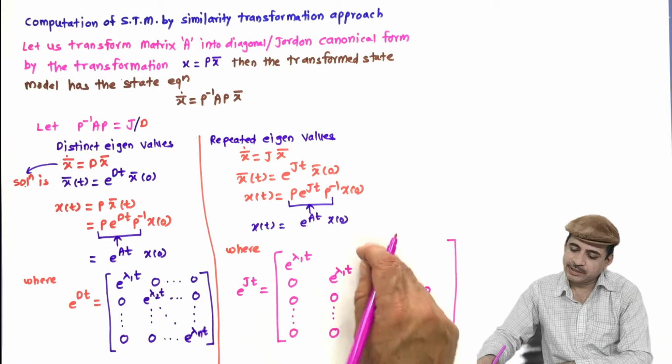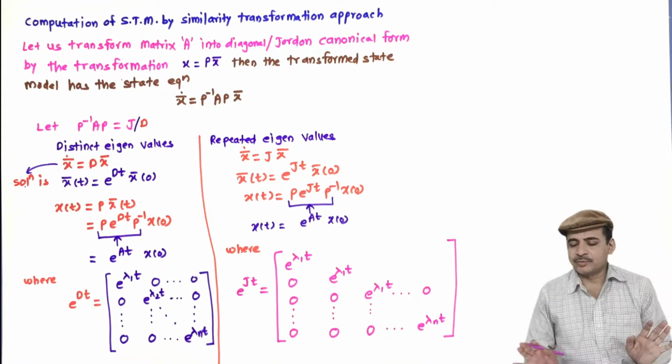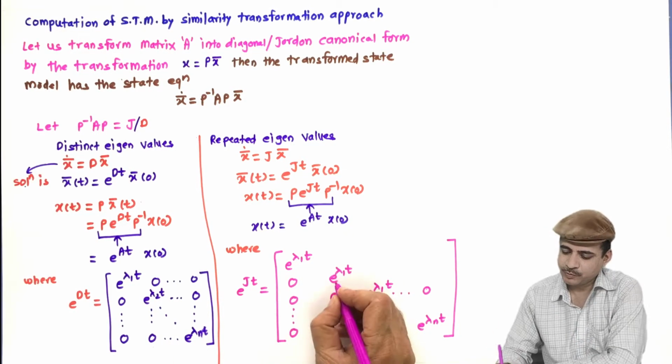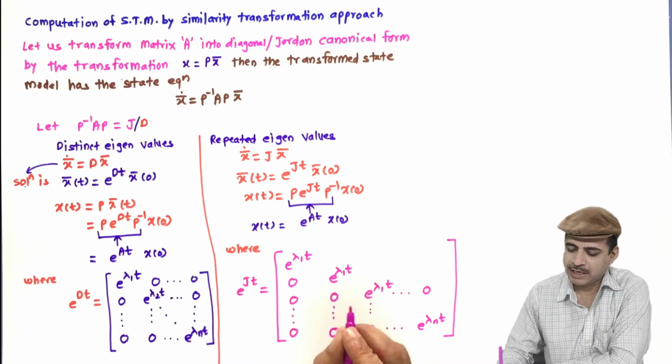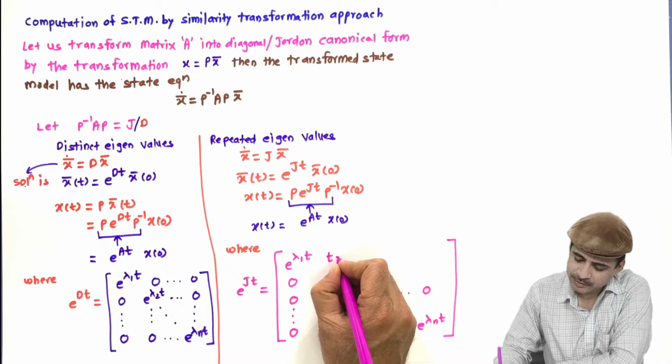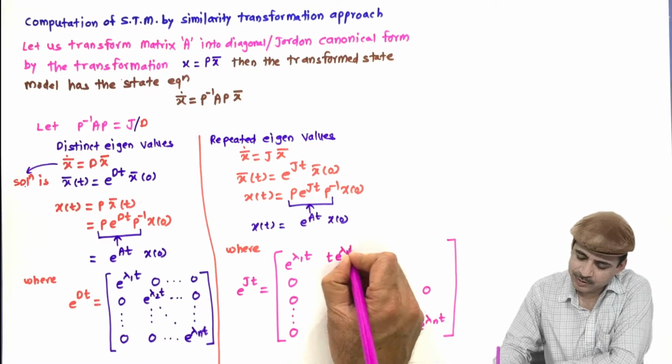Still we have to find these elements, correct? So like the Jordan matrix, here we will not have 0. Then what will we have here? Here we will have the derivative of this with respect to lambda. So this will be t e raised to lambda 1 t.